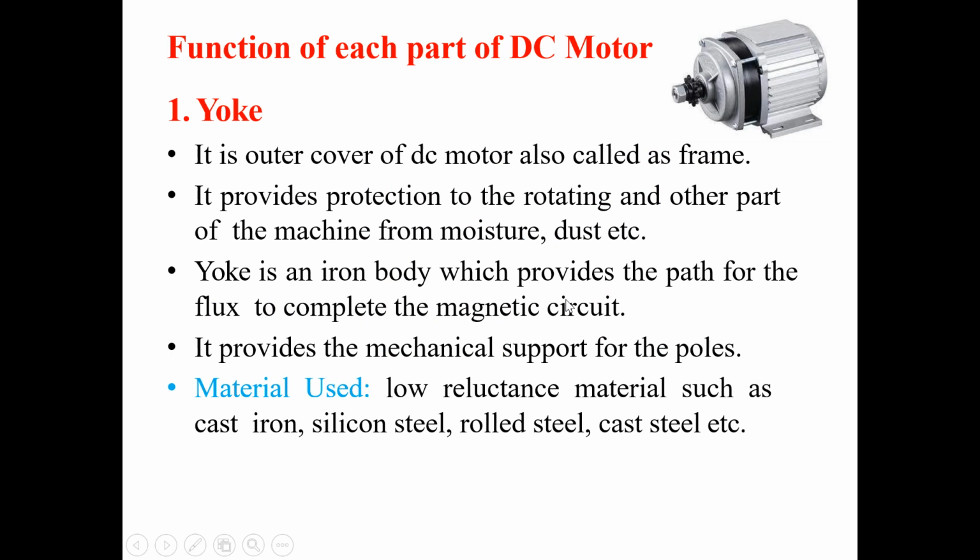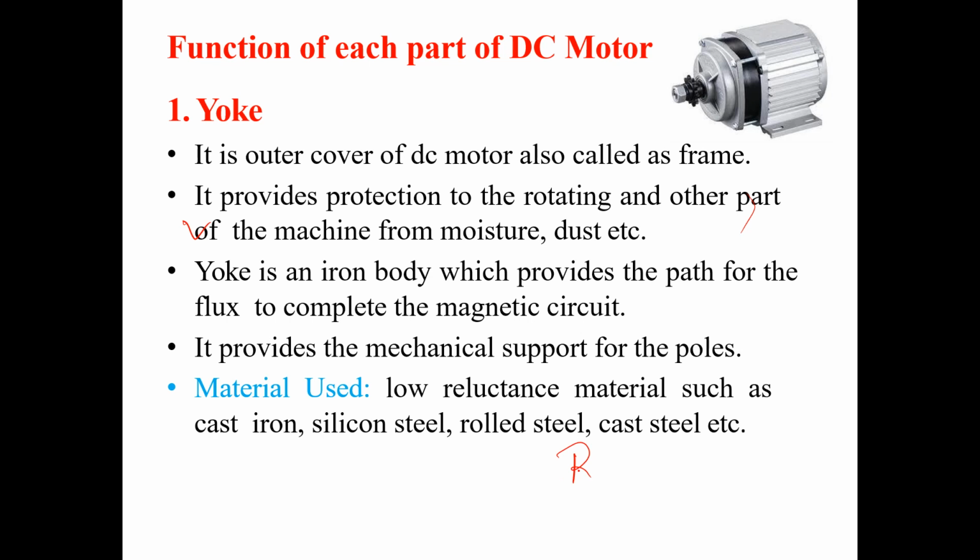And what type of material is used for construction of the yoke? Low reluctance material such as iron, cast iron, silicon steel, rolled steel, and cast steel. Why do we use low reluctance? Because flux is inversely proportional to the reluctance, and the objective of these poles is to carry the flux.